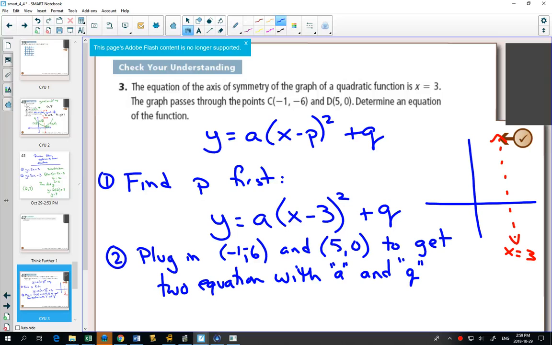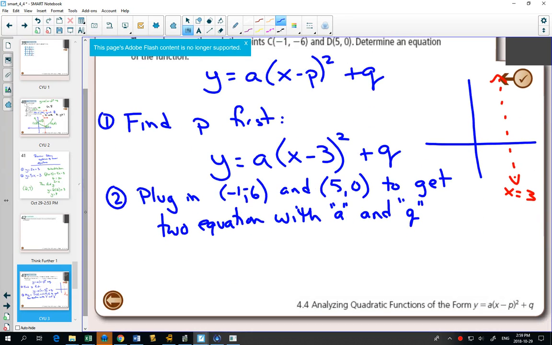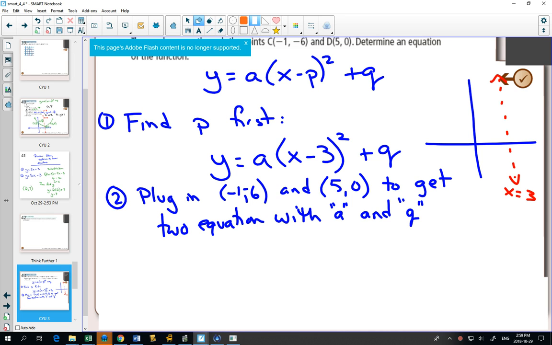If the point (-1, -6) is on the graph, that means when we plug in -1 for x, y is -6. So I plug in -6 for y, then I plug in -1 for x.